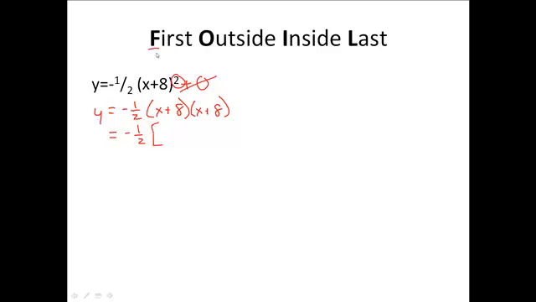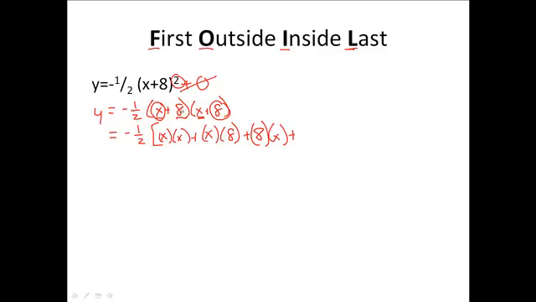So first is going to be x times x plus the outside. Outside is going to be x times 8 plus the inside. The inside is going to be 8 times x. And finally, the last.